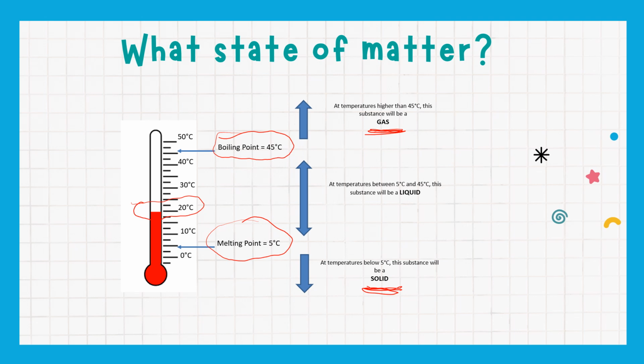If it's anywhere in between 45 and 5 degrees, it will be a liquid. So if we take a look at this example, where we have our substance on the thermometer, we can see that it's 20 degrees Celsius. That's between the boiling point and the melting point, which means it's not reached the boiling point yet. Therefore, this substance will be a liquid.